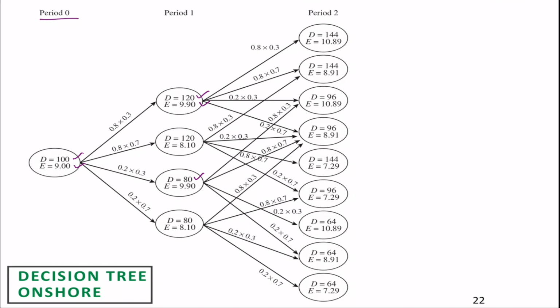But if the exchange rate falls by 10%, it becomes 8.1. So probability of this happening is 0.8 times 0.3. Similarly, probability that demand goes up by 20% is 0.8, and probability that exchange rate goes to 8.1 is 70%. So let's number all the nodes and do calculations to see what we get.